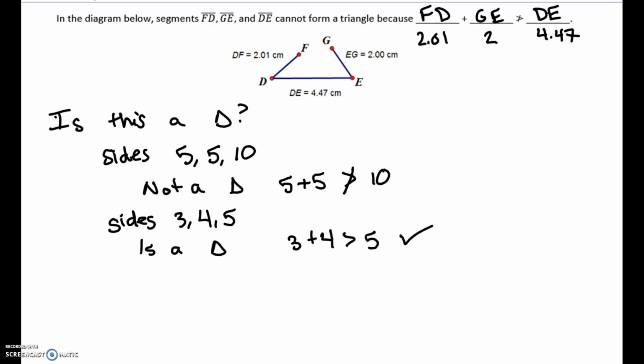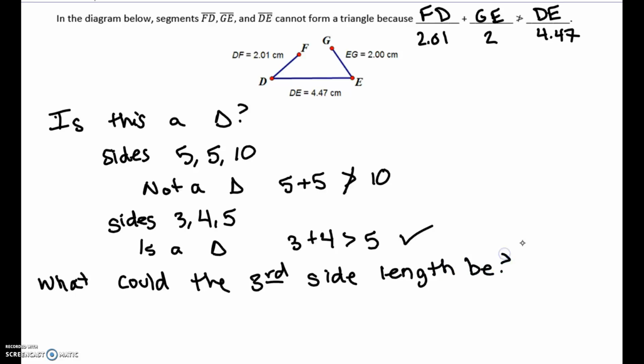What if we want to find the possible lengths of a third side? What could the third side length be?